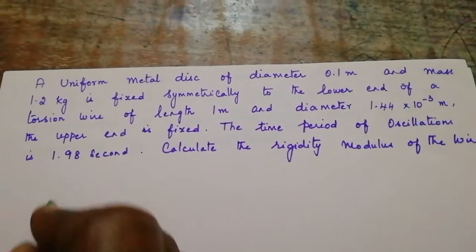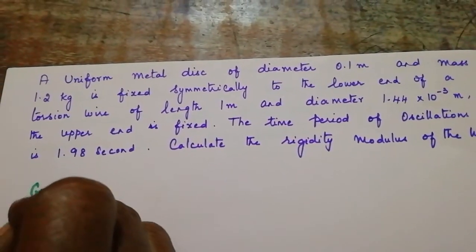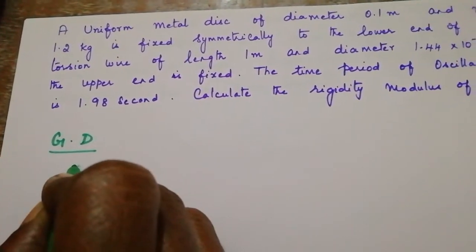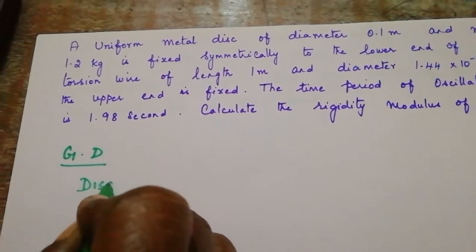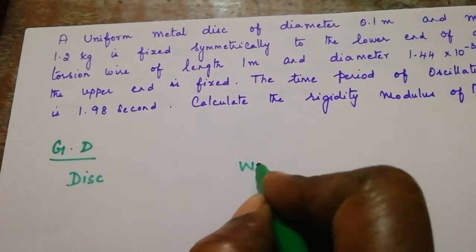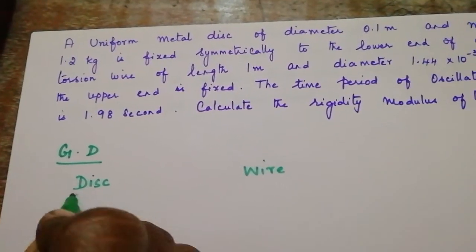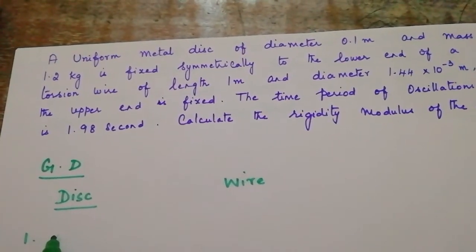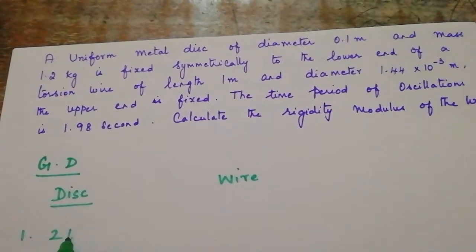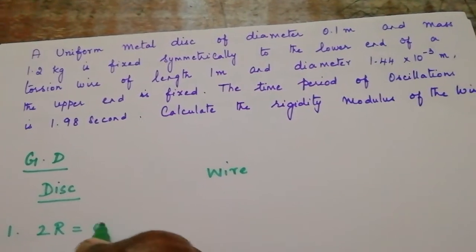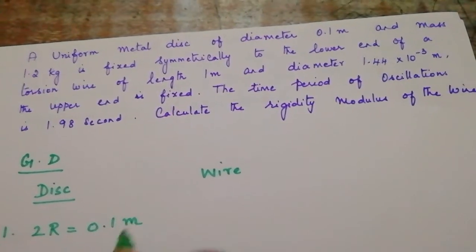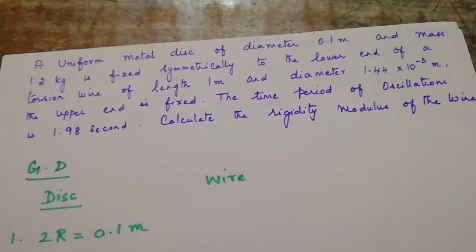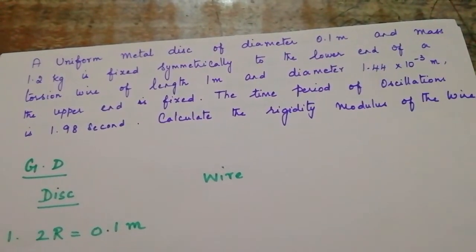Here, the given data should be written on the basis of the metal disc and the wire. For the metal disc, the diameter is given as 2r = 0.1 meter and mass M = 1.2 kg.